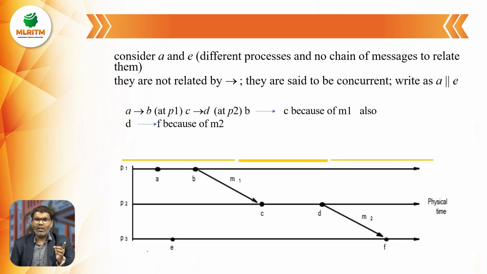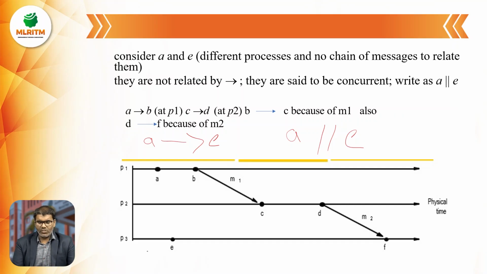There is no relation like A turns to E, and they are said to be concurrent, and they will be written in the form A parallel to E, not A turns to E.